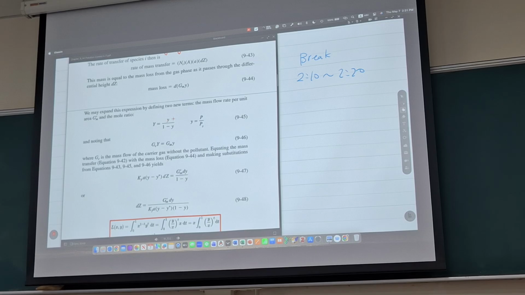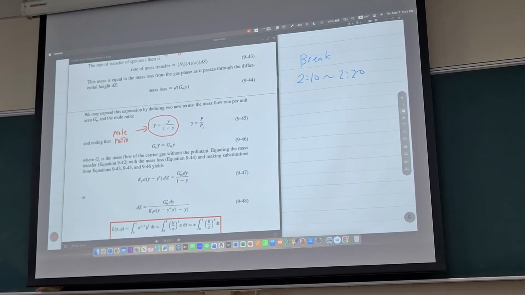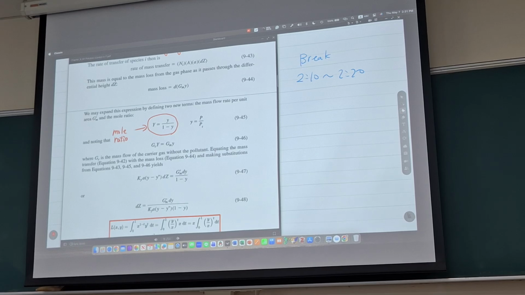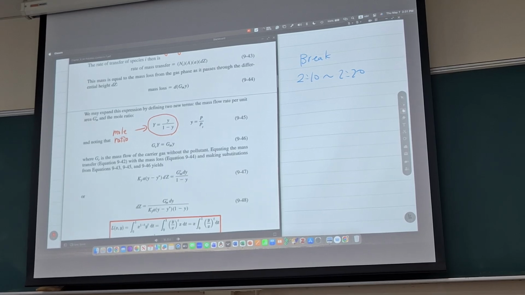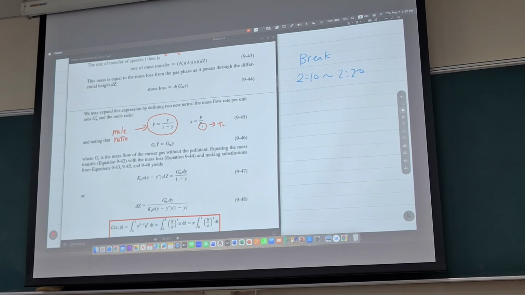And capital Y equals small letter y, the mole fraction, over 1 minus y. Students, this is so-called mole ratio. This is mole ratio. So y is the pressure over pressure. This is partial pressure. The T here stands for total.